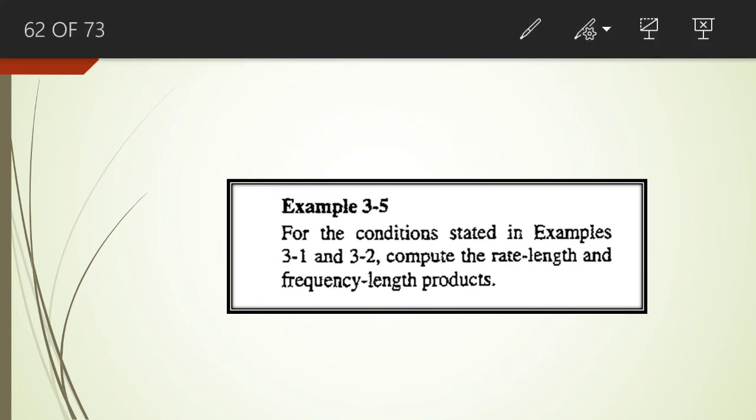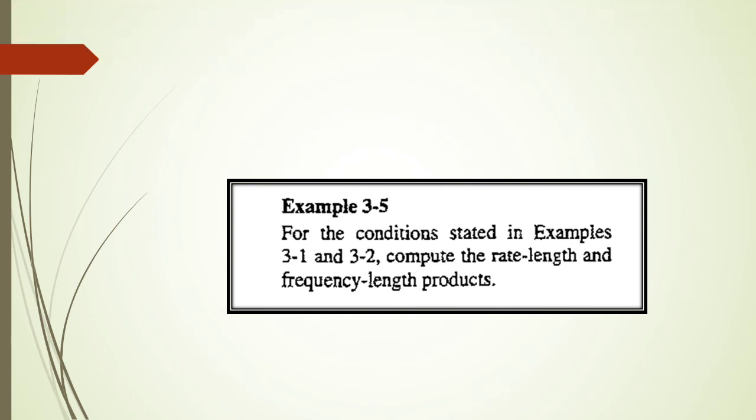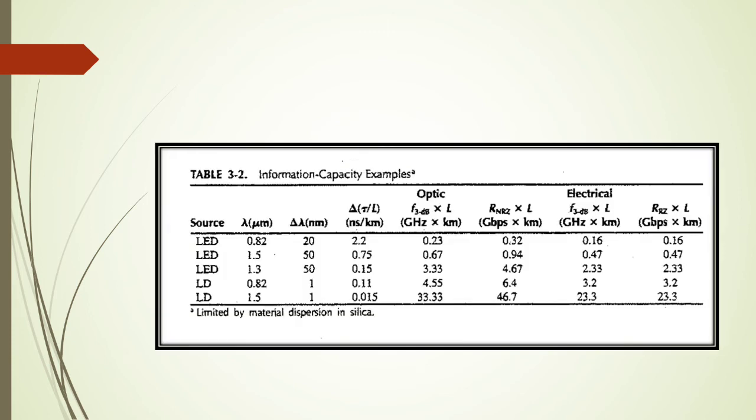Example number 3.5 says, for the condition stated in example number 3.1 and 3.2, compute the rate length and the frequency length products. So in this particular example, we need to consider example number 3.1 and example number 3.2.